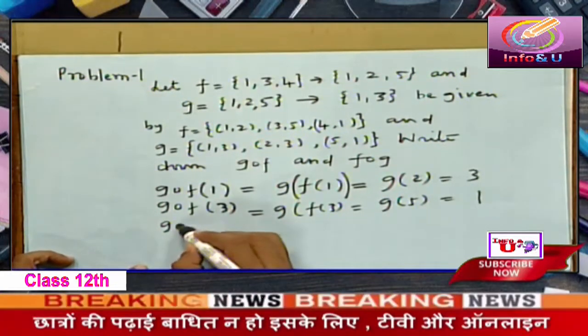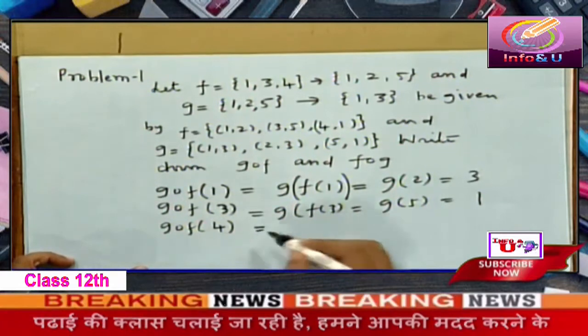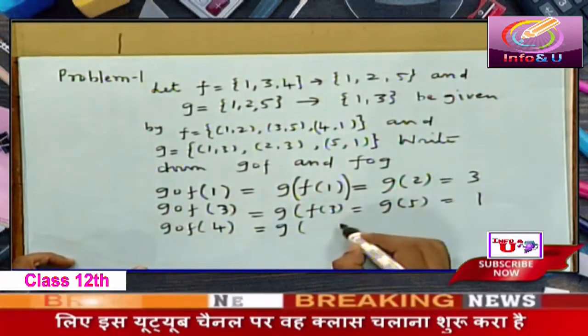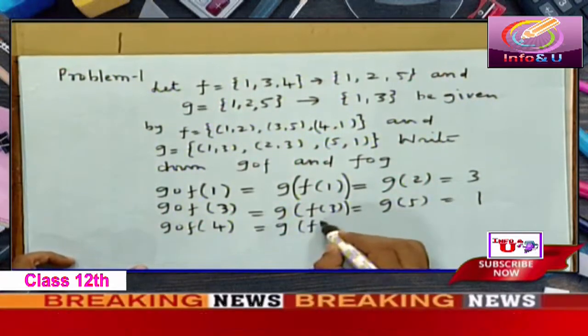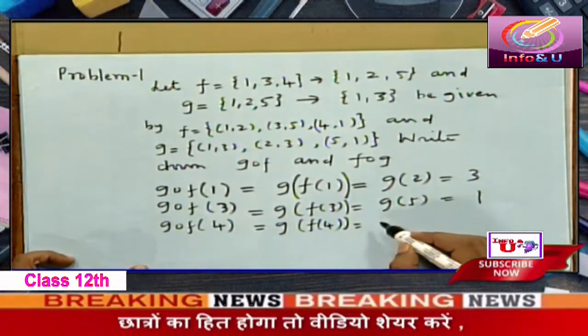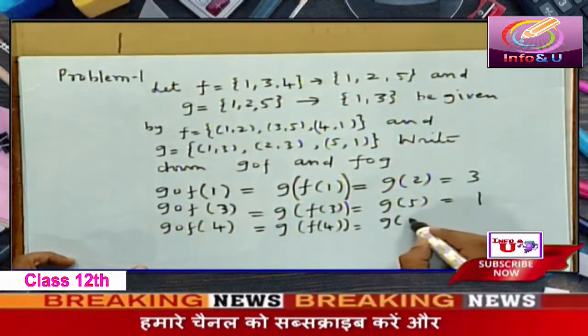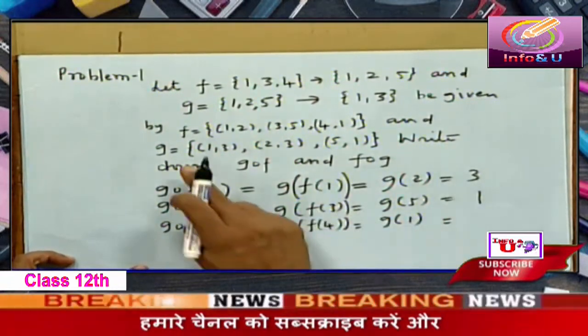Finally, GOF of 4. First we find f of 4. F of 4 is 1. So it is G of 1, where G of 1 is 3.